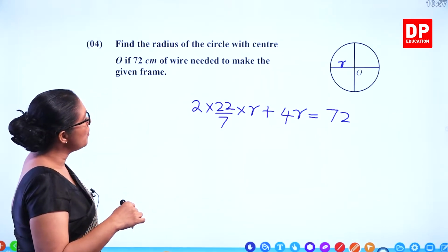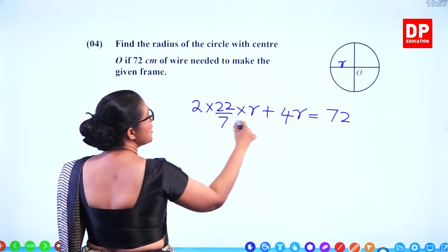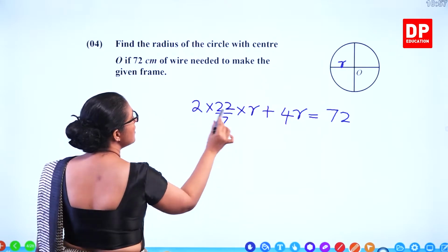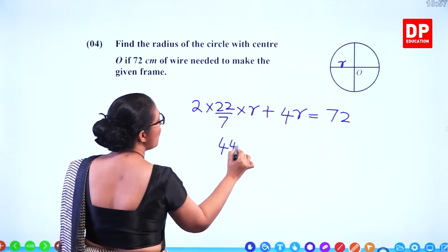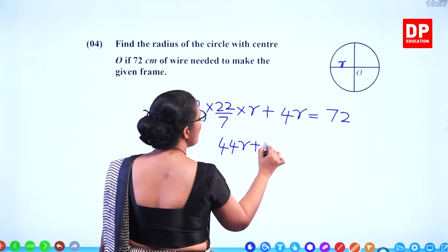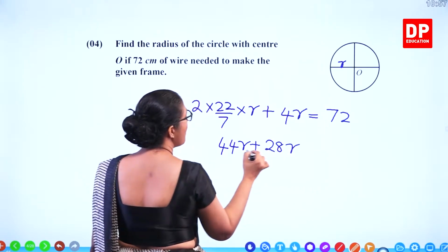Now what can we do? We can multiply the whole equation by 7. 2 times 22 is 44r. 7 times 4, 28r.